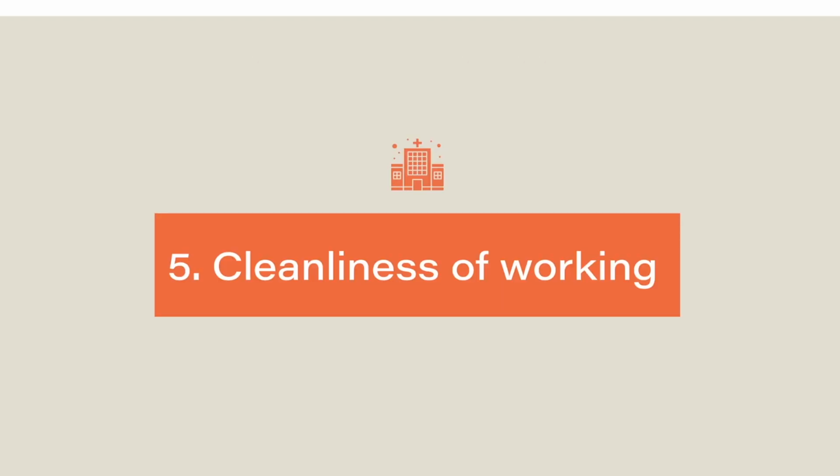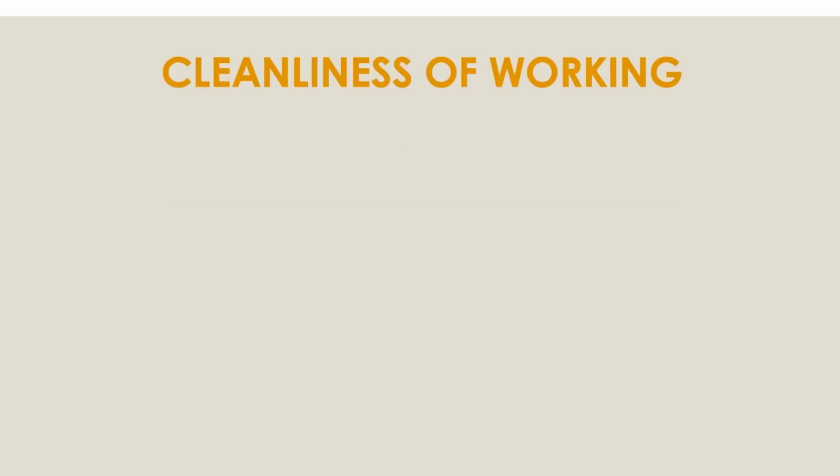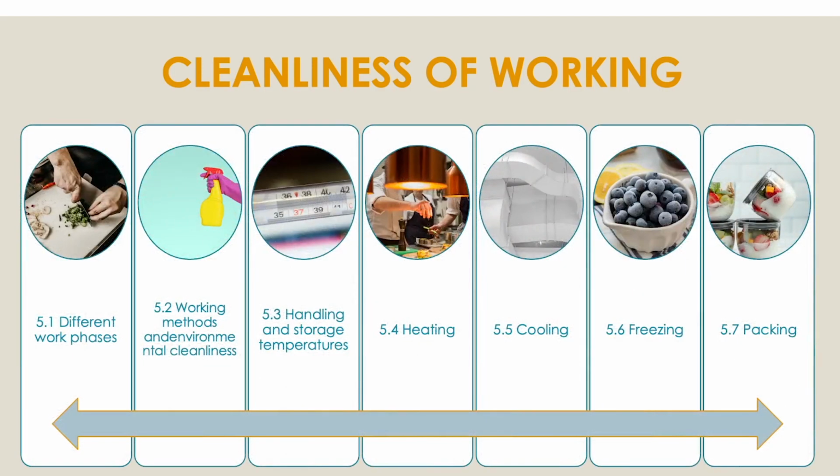We also learn about the cleanliness of working. In this section, we will learn about 7 total ways of processing and keeping the food, and keeping the environment in a clean way.